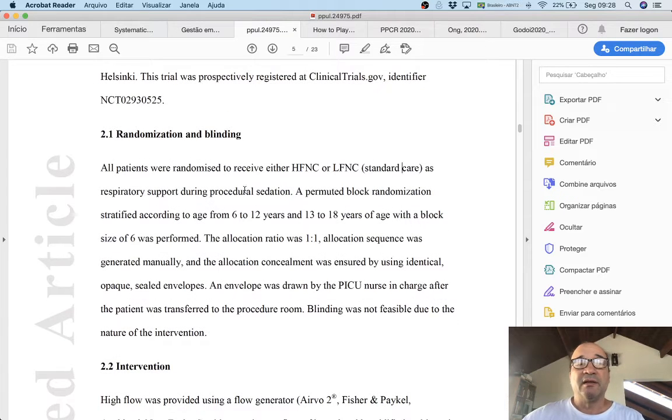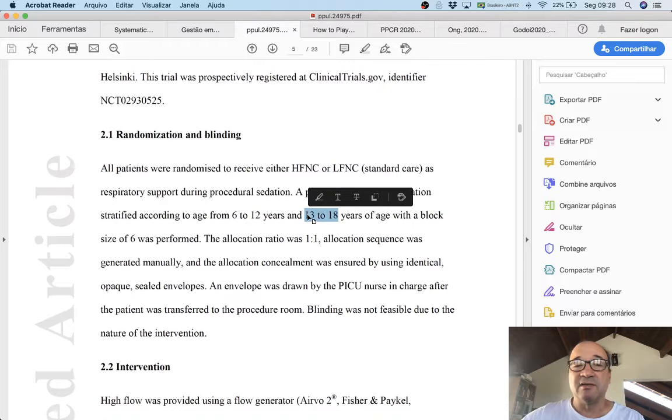And they randomized the patients to receive either one of the devices for respiratory support during procedural sedation, and they did a permuted block randomization, and they stratified according to the age, patients from 6 to 12 years and 13 to 18 years.